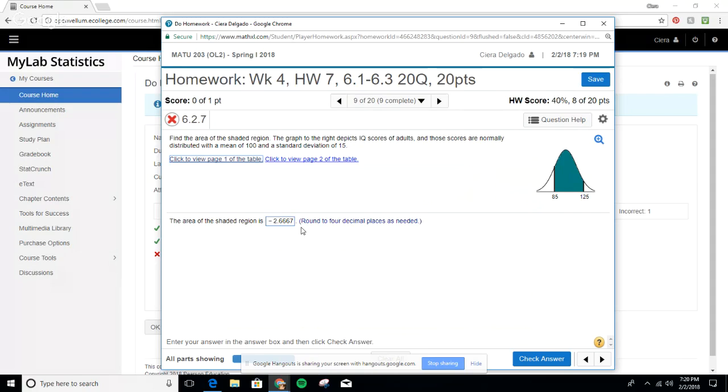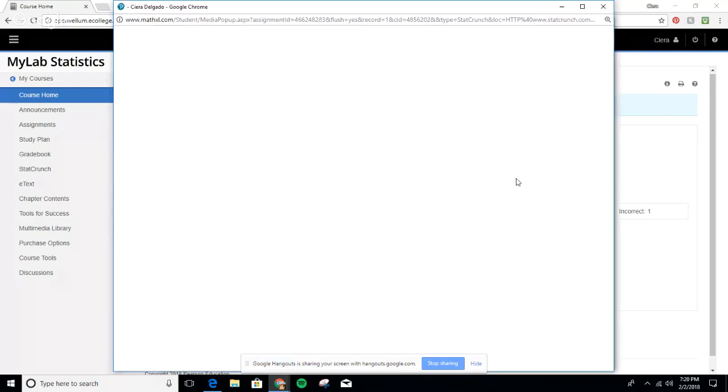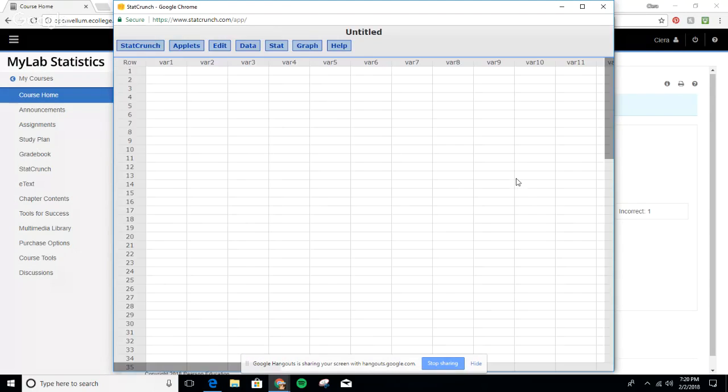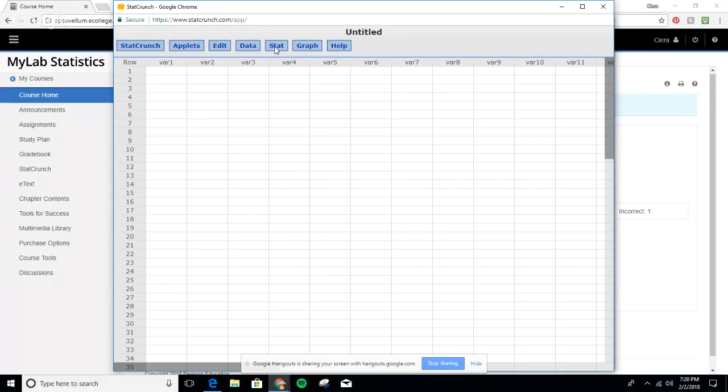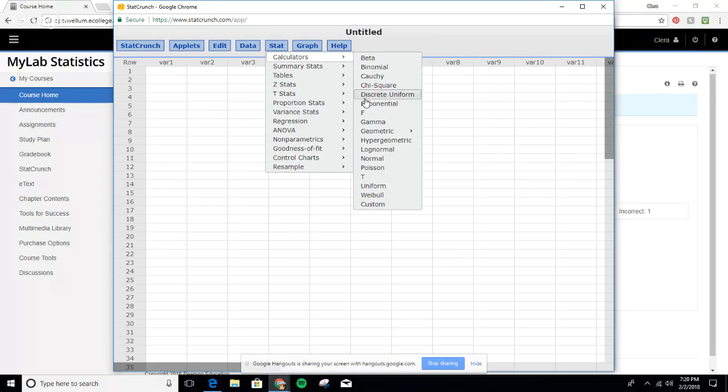Well, I don't even know where to begin, honestly. I don't know why the in-between region throws me off. I was using the calculator in StatCrunch. If I open this up, Stat, Calculator, and the first few problems had to do with the normal.